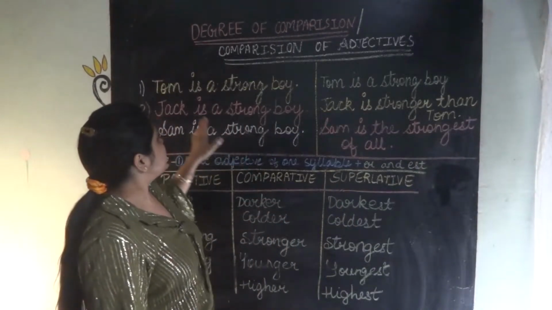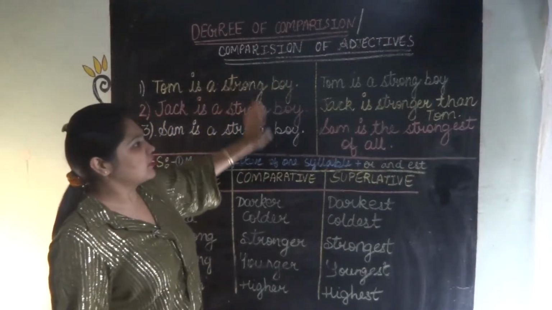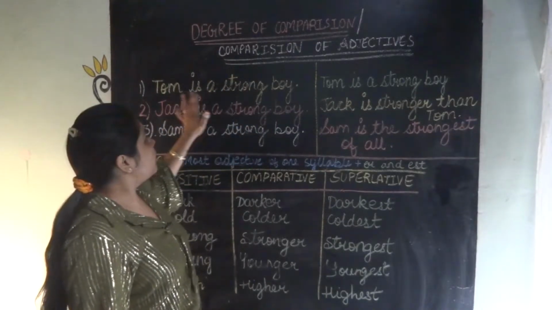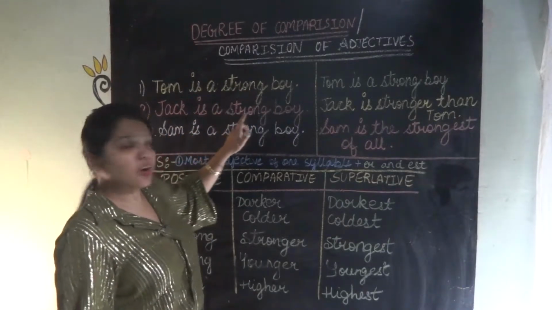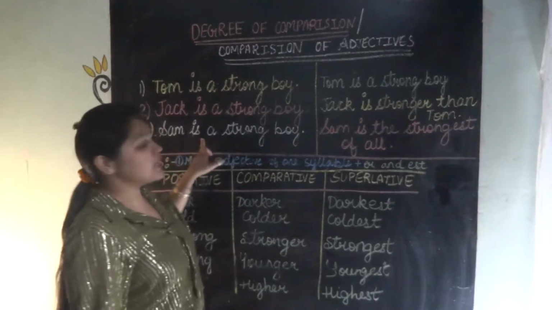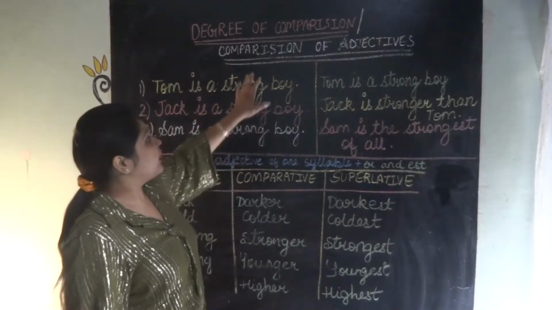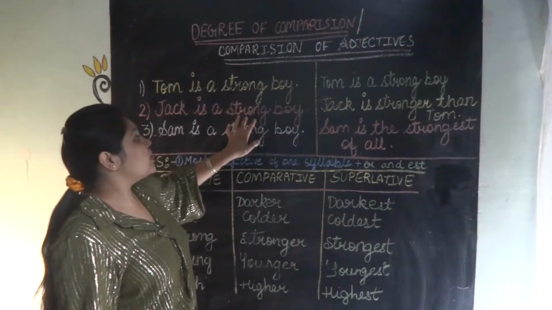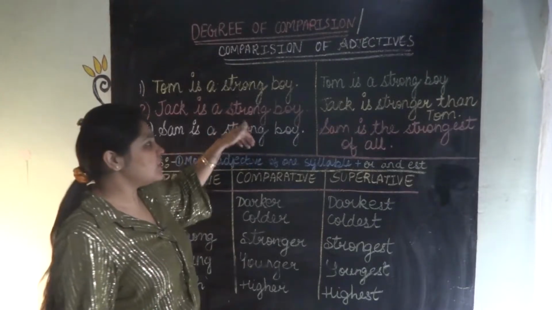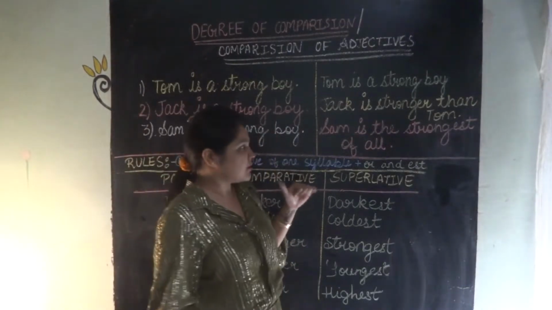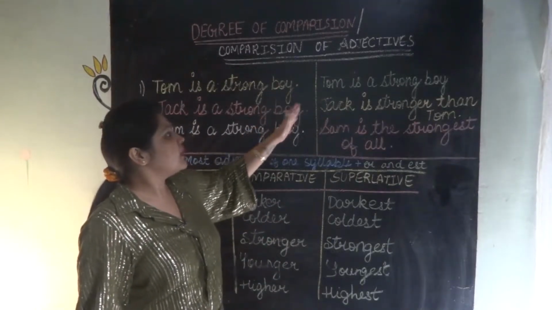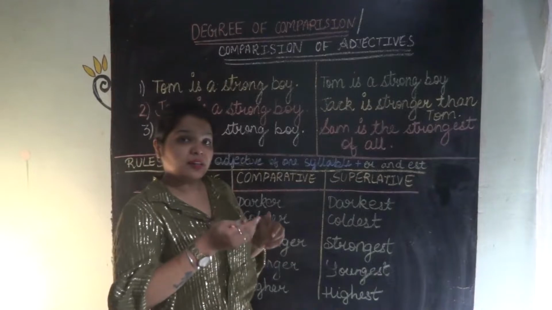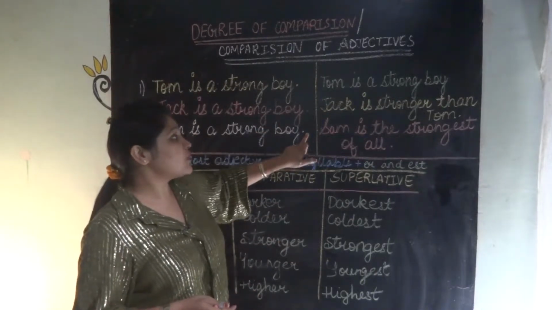See, first let's start with this example. Tom is a strong boy. Jack is a strong boy. Sam is a strong boy. Now I have written this. Although all three are strong boys, in this case one might be stronger than another, or one must be the strongest.